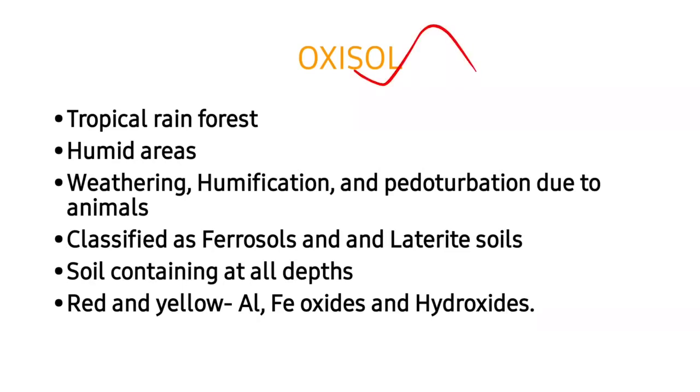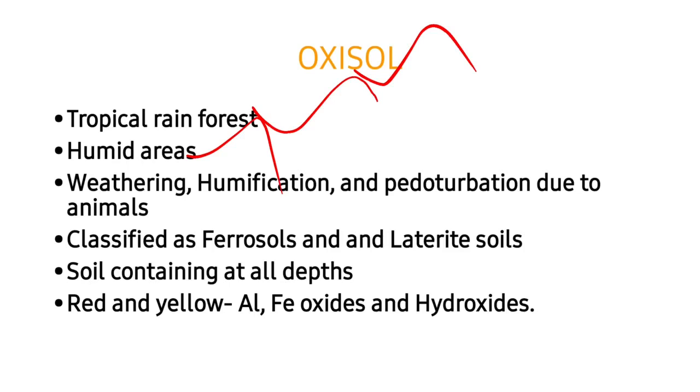We can see this Oxisol. Oxisol is rich in tropical rainforest and humid areas. Yes, we have seen that Ultisol is predominant in humid, temperate, and tropical areas. Likewise, this Oxisol is also abundant in humid areas along with tropical rainforest.